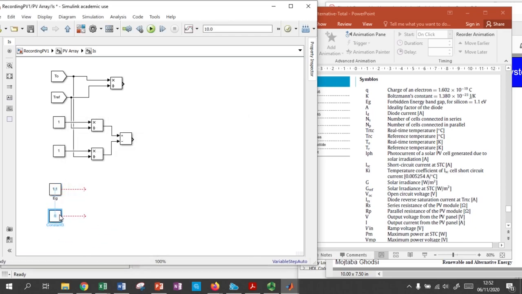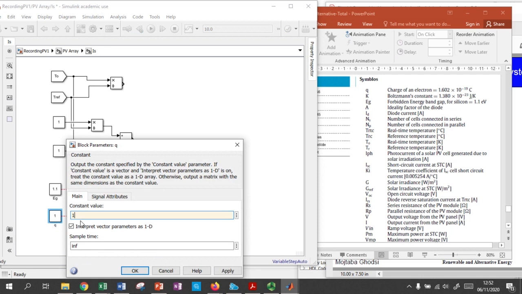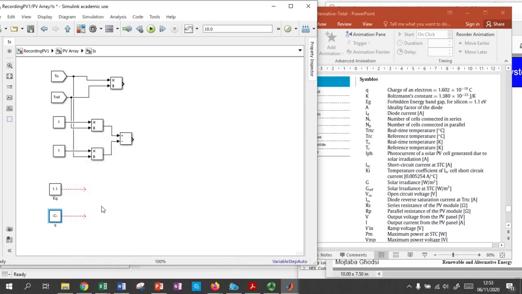The other one is the value of Q. Yes, Q, and you found before that its value is 1.6 times e power minus 19. Then we can make it here. Okay, we have these two constant values. We will put them together.